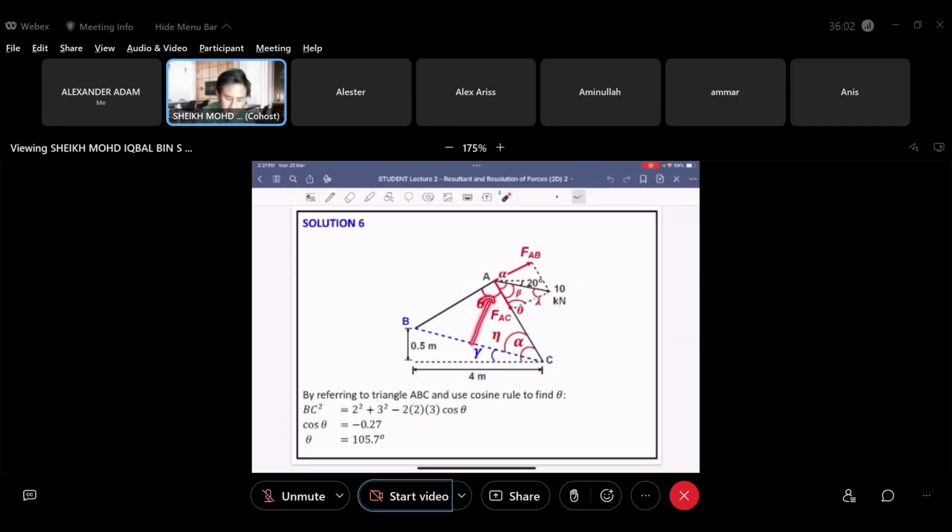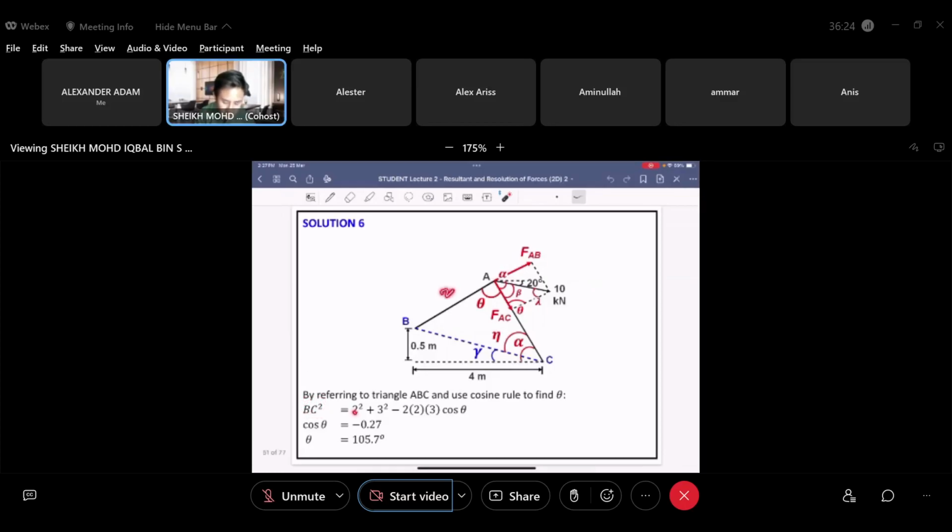Remember, if you are taking BC here, the angle must be across from it. So now we have only one unknown, which is theta here. And now we can calculate that unknown and find theta, right? Because BC is already known, 4.03, 2 given in the question, 3 given in the question.